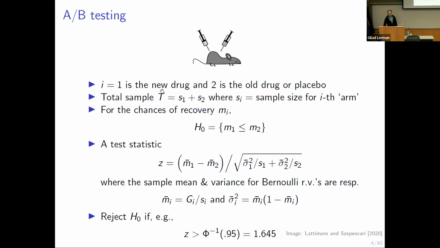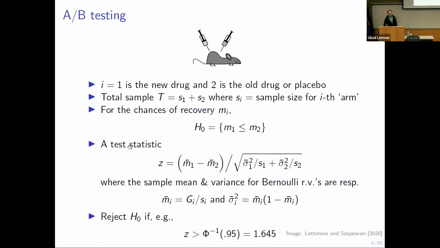You fix your total sample size, which you, in some randomized fashion, distribute between the population that gets the new drug and the population that gets the old drug. Your null hypothesis is that the chances of recovery with the new drug are lower than the chances of recovery if you took the old drug or placebo.